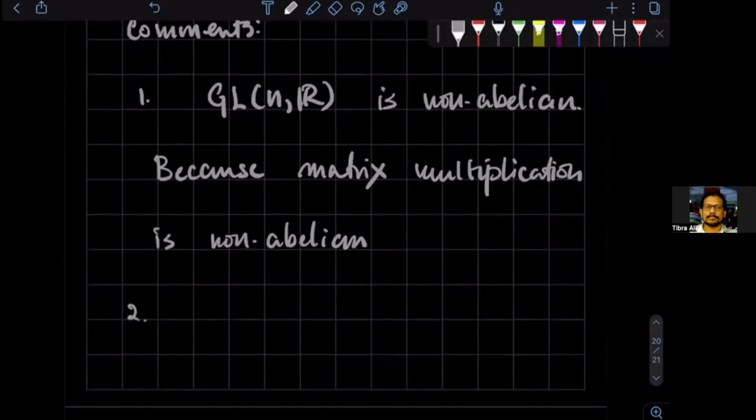Number two is that what is the dimension of the parameter space? What is the parameter space of this group? Can someone try to guess? How many real numbers do we need to specify?